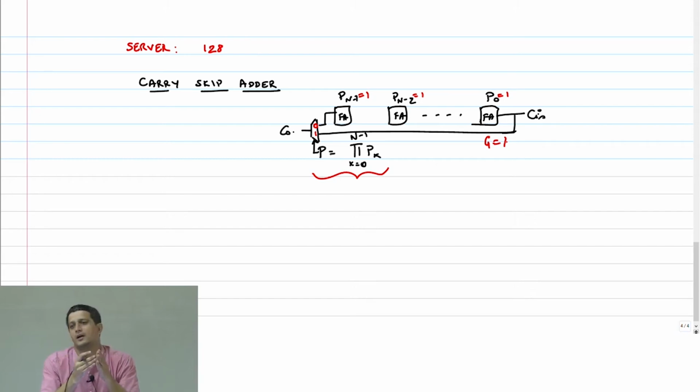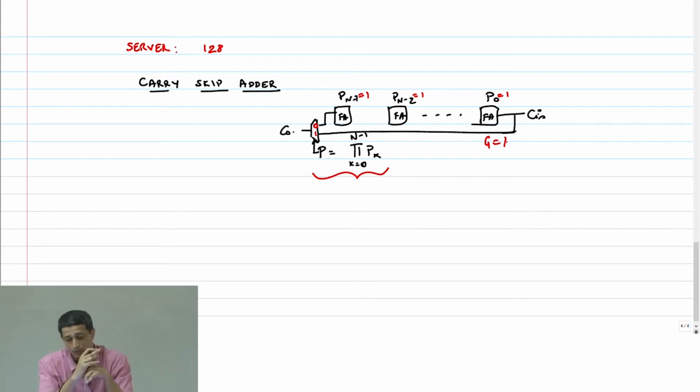Clearly, I cannot do this for all the 128 bits because ultimately my worst case, the second worst critical delay time, will be the first one being in generate and everything else propagating, and that is going to kill my critical path. Therefore, I have to do something where even if one stage is generating, that propagation should not take an enormously long amount of time.